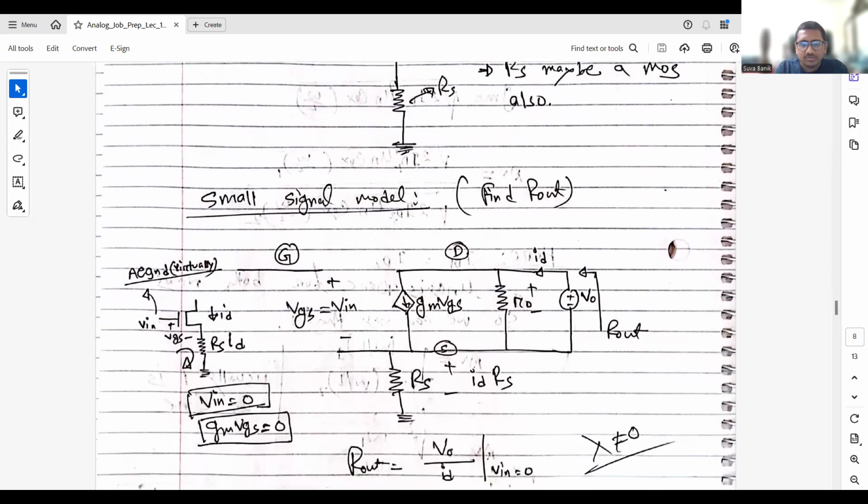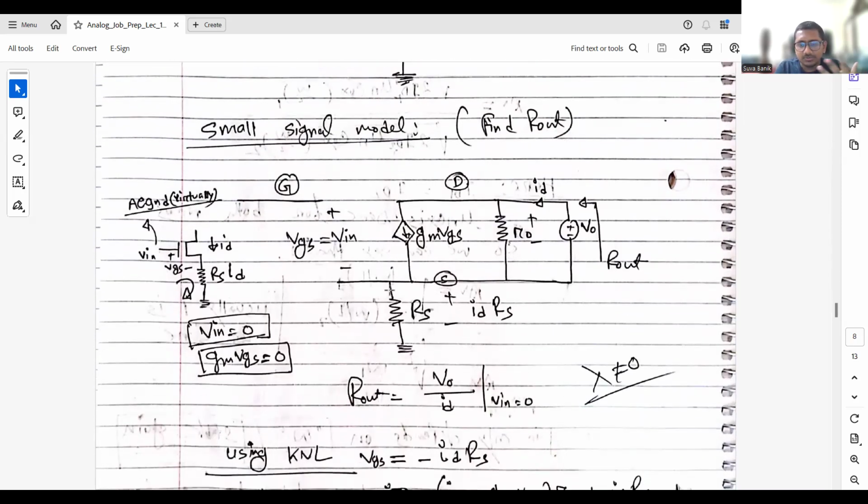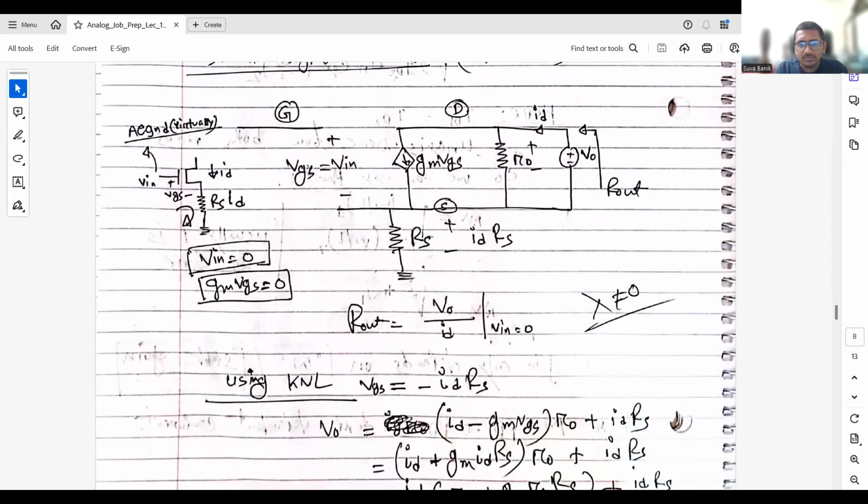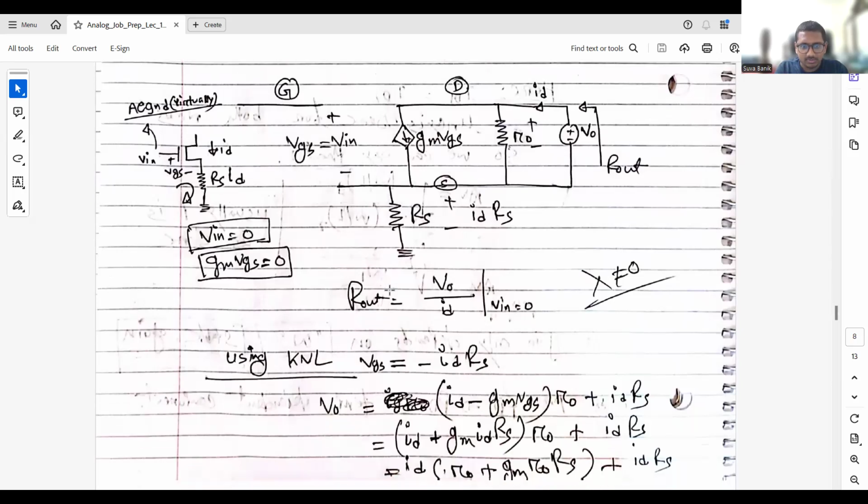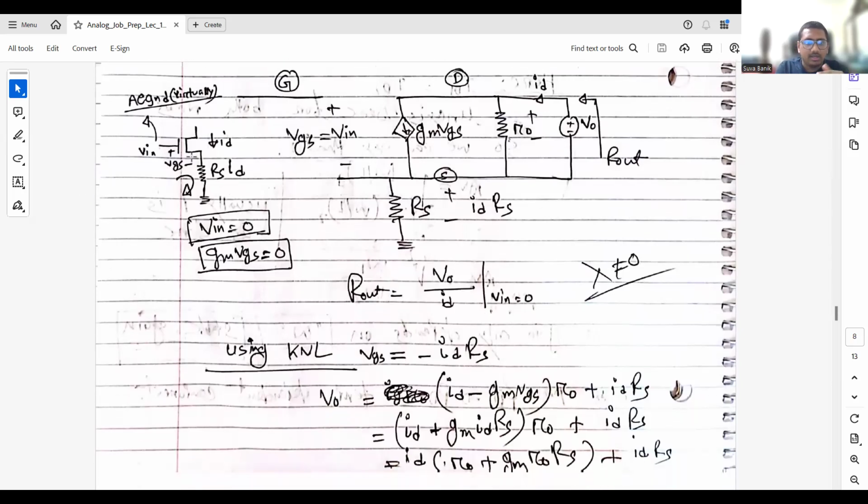To find its output resistance, you can pause my video and see this calculation. I'm just explaining one little thing for the calculation. You should also remember this small circuitry here on the left side, because here the VGS and the current through this RS resistance depend on the VGS voltage.